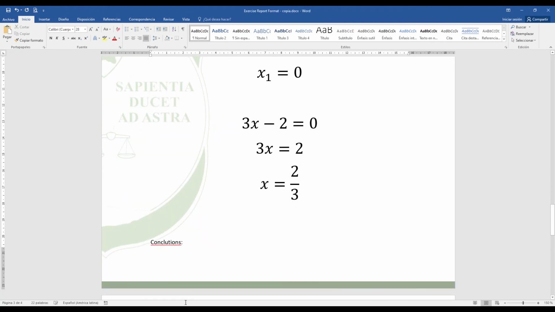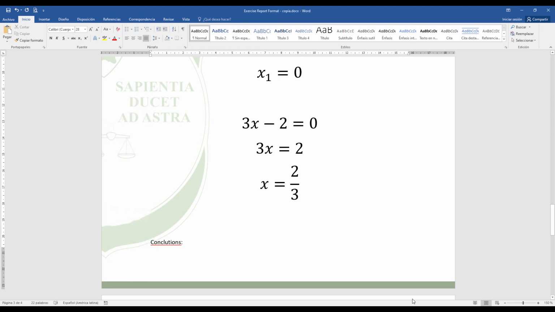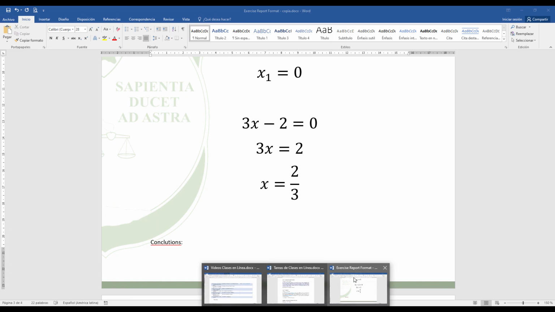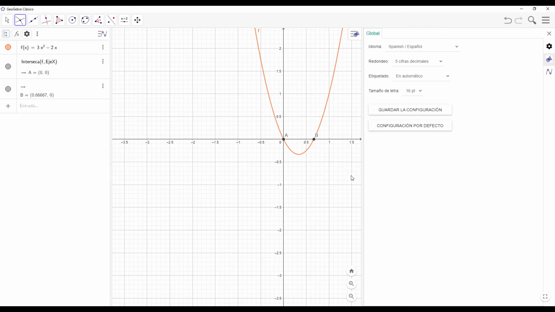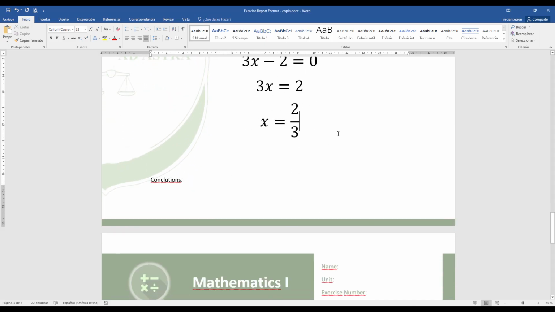This is 2/3, 0.6666. And you only need to copy the screenshot for your exercise.